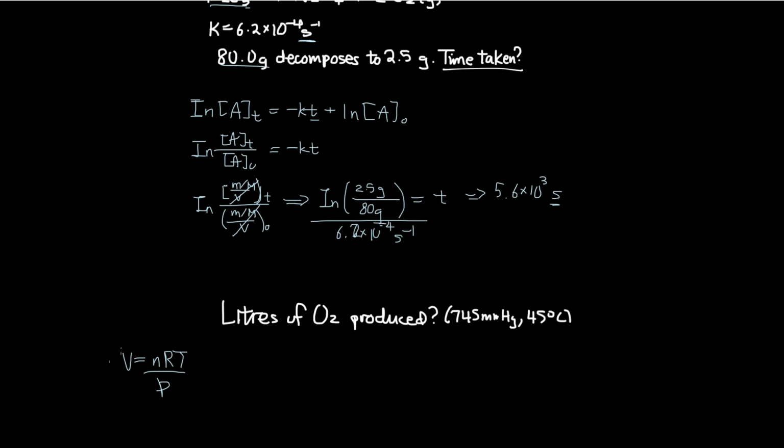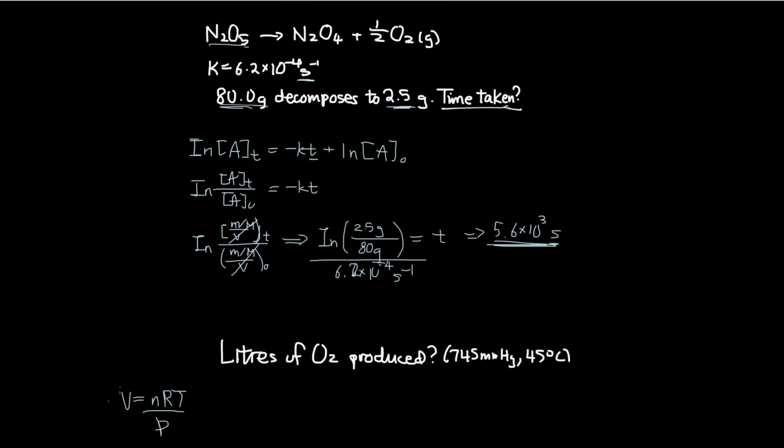Understand what we had here. The time it took to decompose from 80 to 2.5 grams is around 5,600 seconds. So after that many seconds, there is 2.5 grams left. That means the difference between these two numbers is the number of grams that actually reacted to form the products.